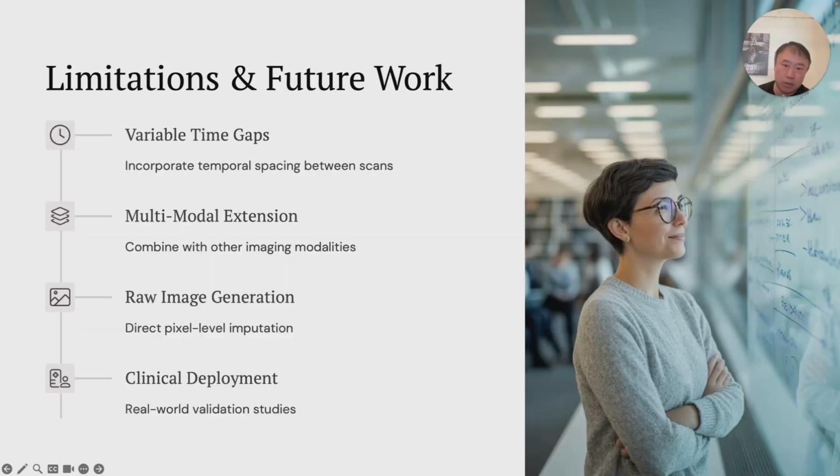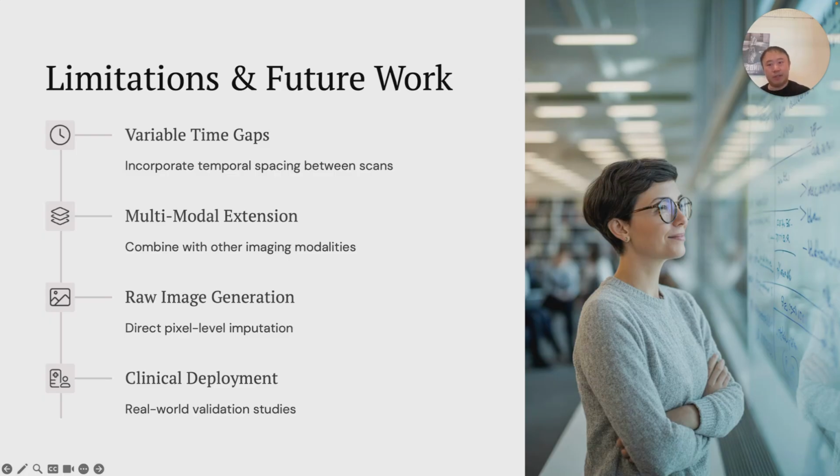So what are some of the limitations and future work for this? One, in this work we haven't modeled the variable time gap. In the real paired data, we know the duration between the two scans, and that may play an important role in modeling the more granular progression speed. In this work, we didn't leverage that time gap.